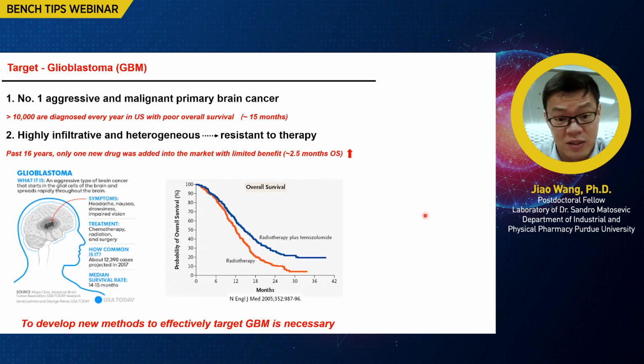And during the past 16 years, only one new drug was added to the market, with limited benefit. So we think NK cells may be utilized as a therapy to overcome or treat this type of aggressive cancer. So here is our strategy.